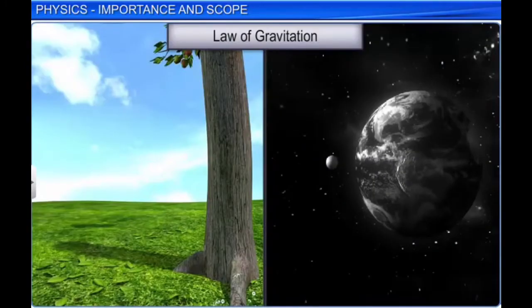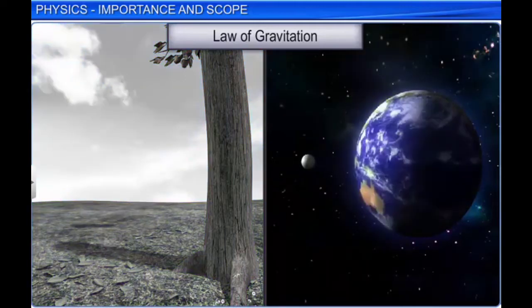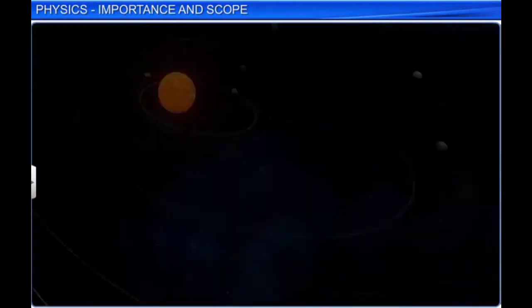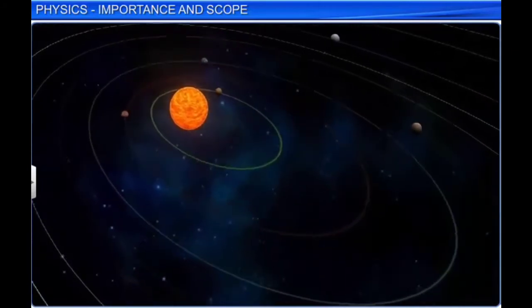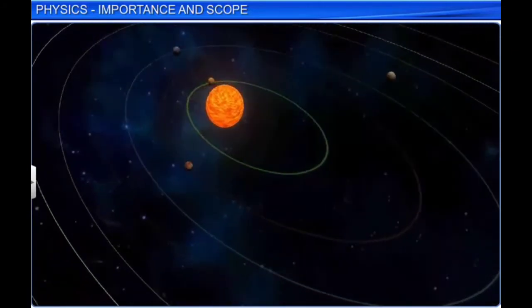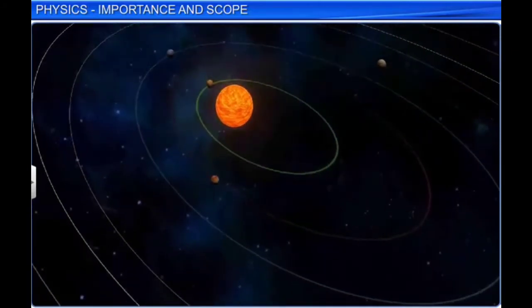For example, the law of gravitation, which describes the motion of an apple detached from a tree, which eventually falls to the earth, also explains the nature of the forces between Earth and the Moon, and also the force that bounds the planets in the solar system in their orbits and keep them in motion in their paths.